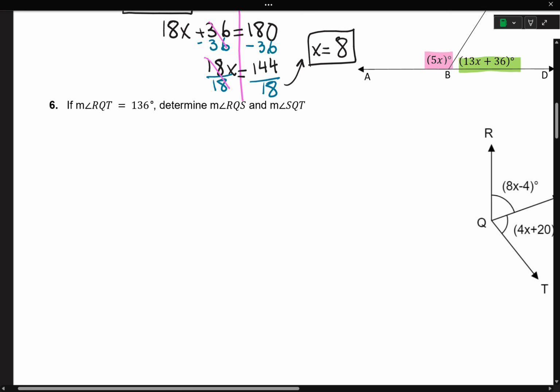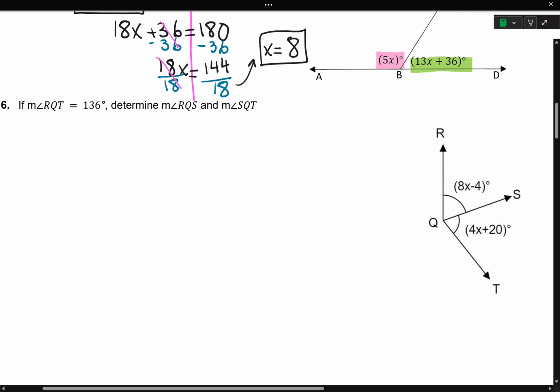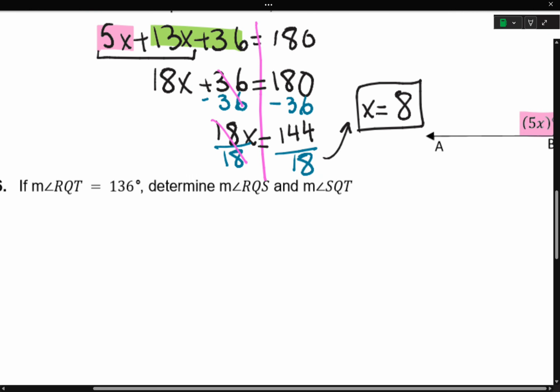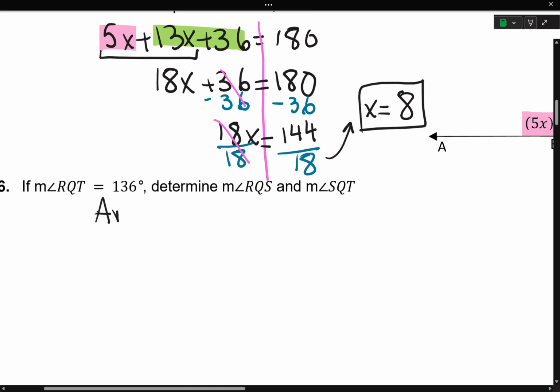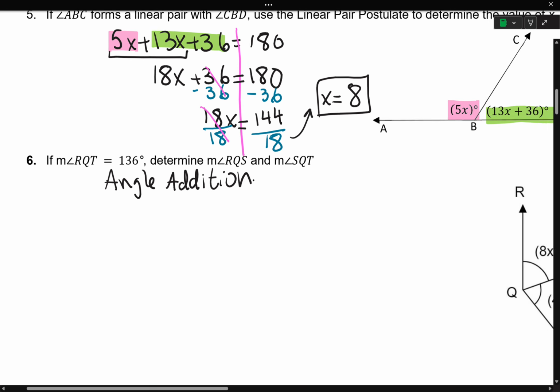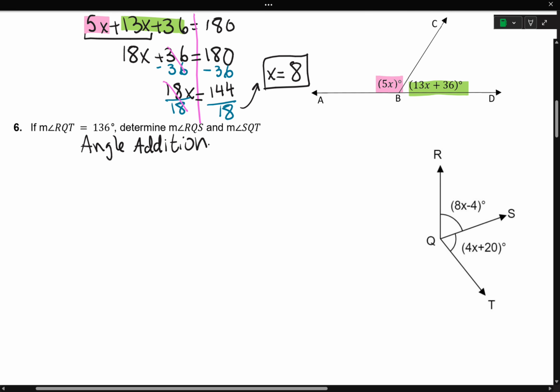Let's try number 6. Number 6, I have if angle RQT is 136 degrees, determine the measurement of RQS and SQT. Alright, well, RQT is that large angle. What we're going to do here is use the angle addition postulate. What the angle addition postulate tells us is we can add two smaller angles to form the larger one.